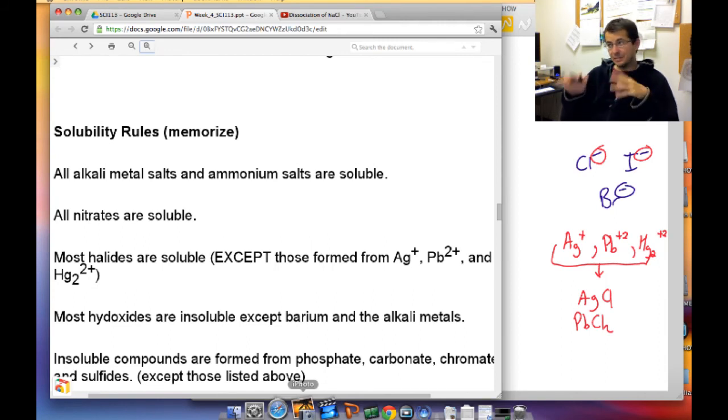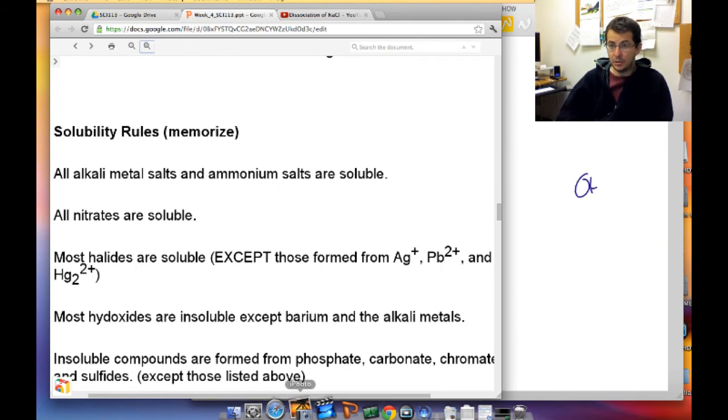Now there's some finer points. Most hydroxides are insoluble. Anything with an OH- is not going to be very soluble, except for those that fall under the first few, sodium hydroxide. Barium hydroxide is also one of the soluble ones. Pretty much everything else is insoluble.